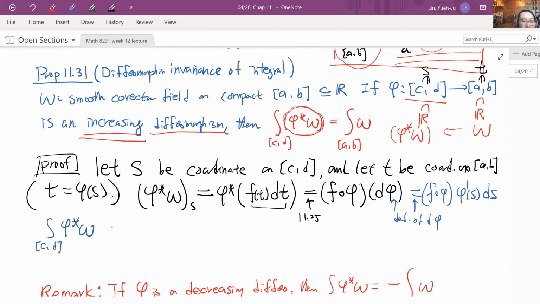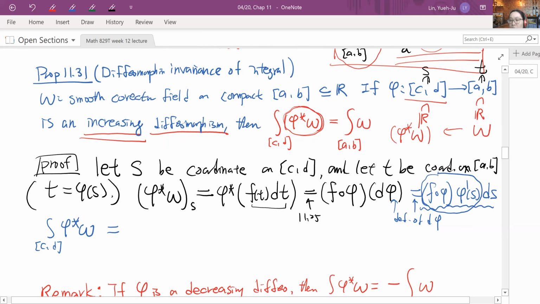And essentially, I know that in terms of the component function, phi star W has this whole component function times ds. So then by definition of the integral of a covector, because now everything is on the real line, you can really just integrate this thing.